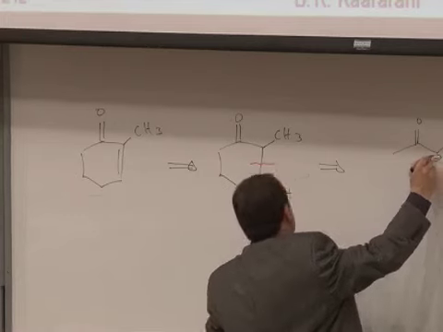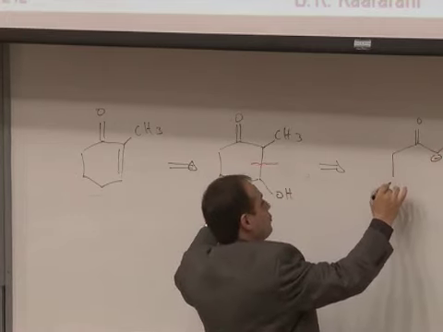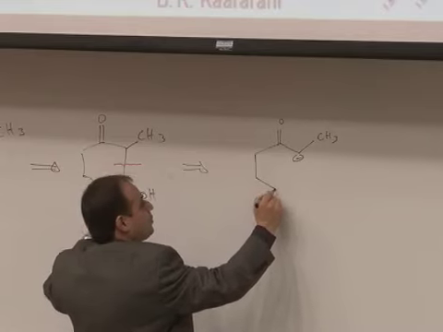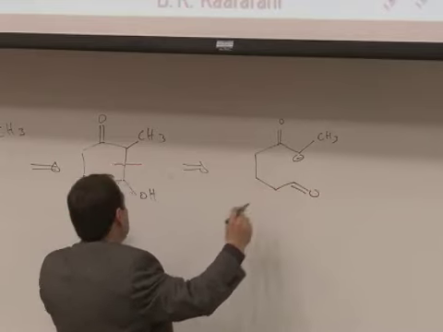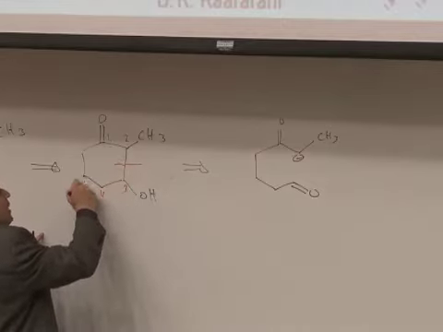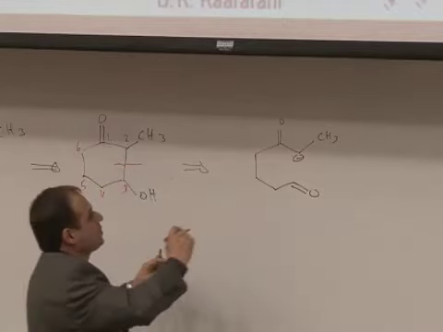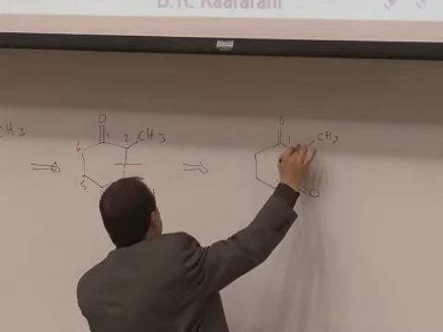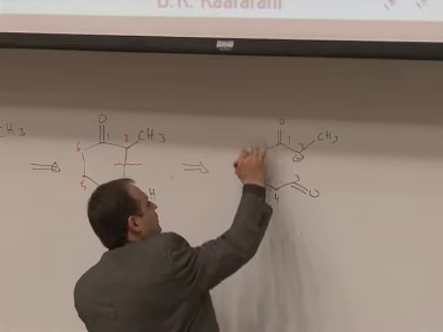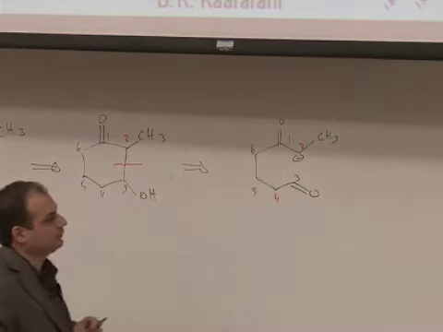So this is your minus right here. CH2, another CH2, another CH2, carbonyl. Count the number of carbons. Let's say this is 1, 2, 3, 4, 5, 6. So this is 1, this is 2, this is 3, this is 4, this is 5, this is 6.